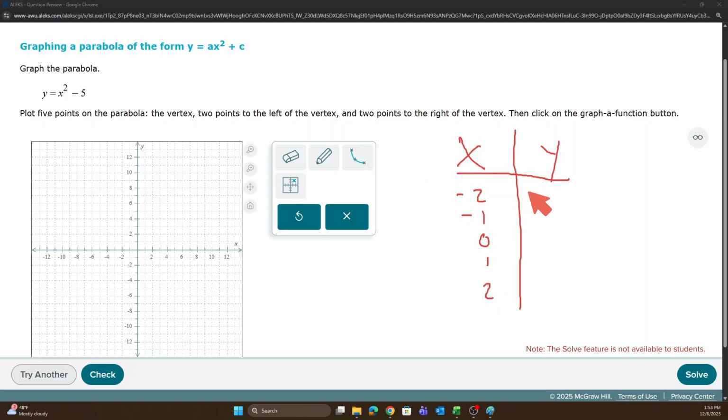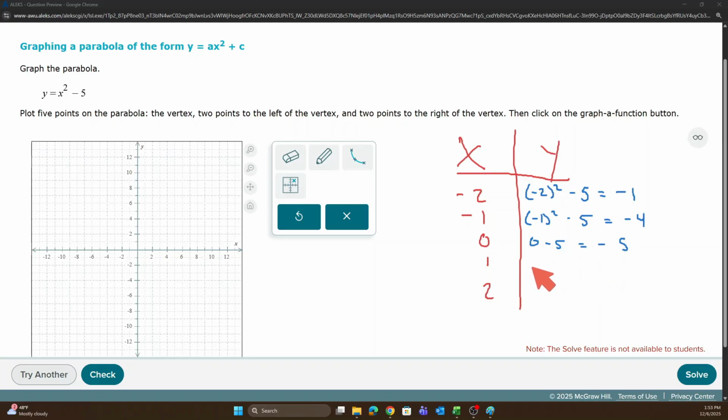So let's go ahead and put these in. So when we have x squared minus 5, so that's -2 squared minus 5. That's going to be 4 minus 5, which is -1. Here we've got -1 squared minus 5, which is -4. 0 minus 5, which is just -5.